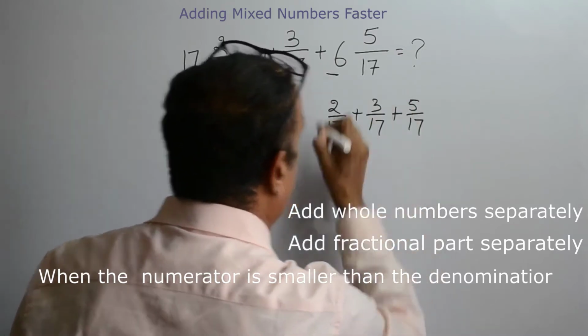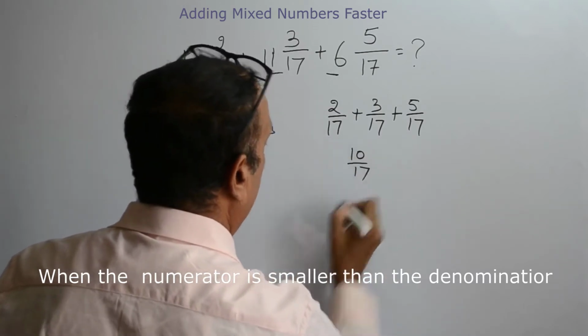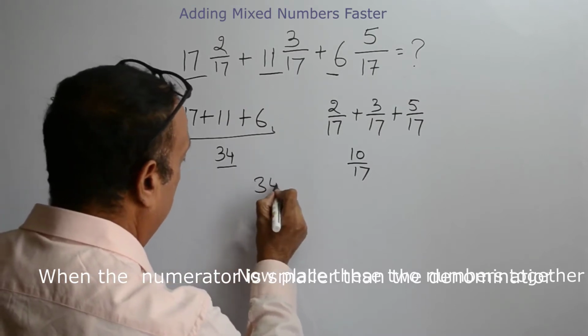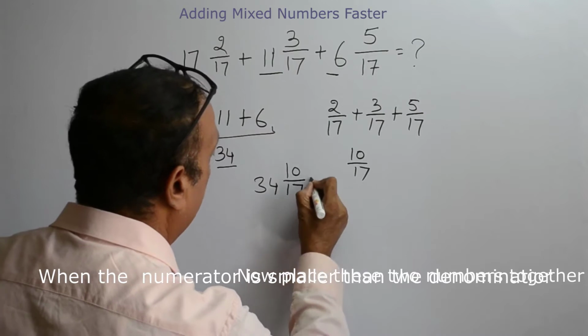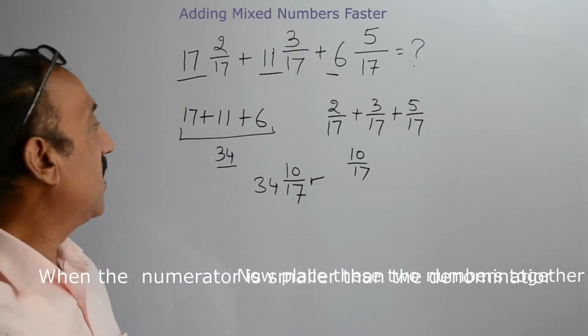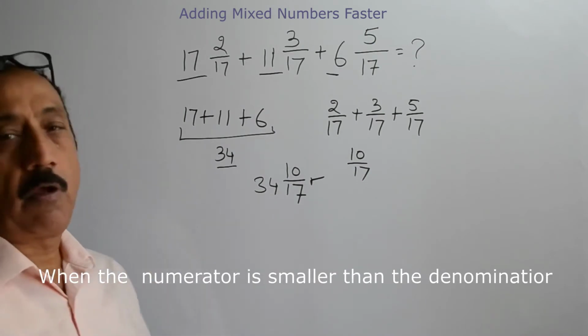When we add these up, we get 10 upon 17. So the answer is 34 10 upon 17. There are 3 more variants of this type of addition, so we are discussing all these one by one.